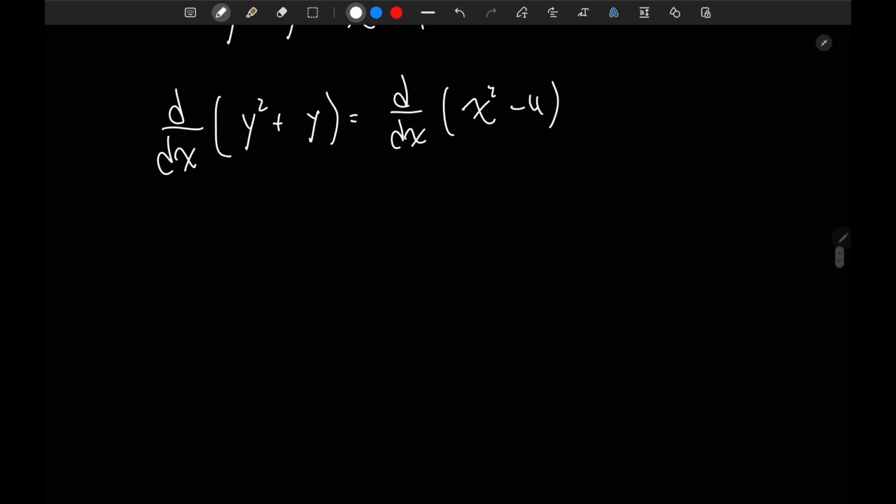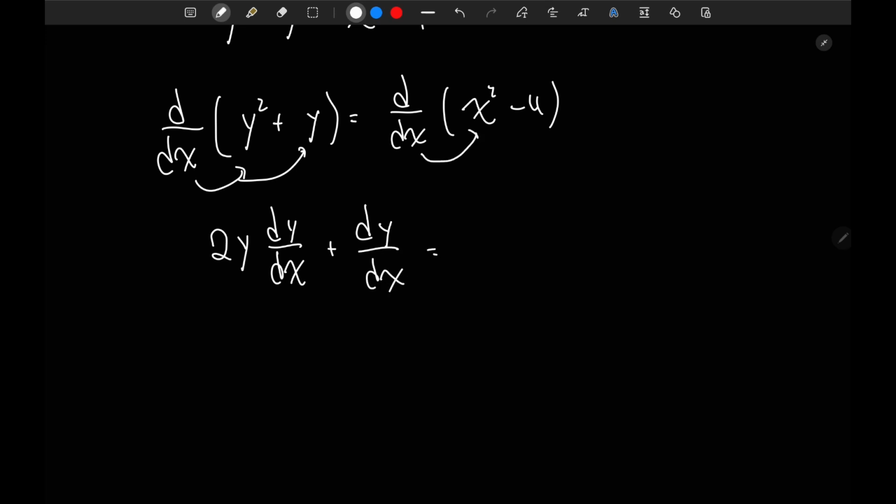And now we go through and evaluate these. The derivative of y squared with respect to x is going to be 2y dy/dx. The derivative of y with respect to x is going to be 1, so we just have dy/dx.